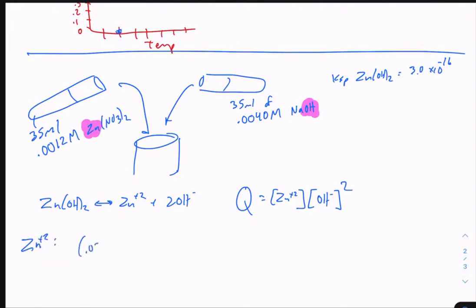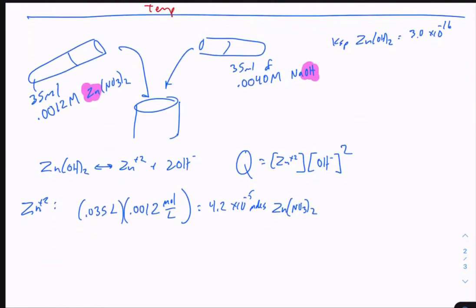We know that there are 35 milliliters of zinc nitrate, and the concentration is 0.0012 molar. So 4.2 times 10 to the minus fifth moles of the zinc nitrate.